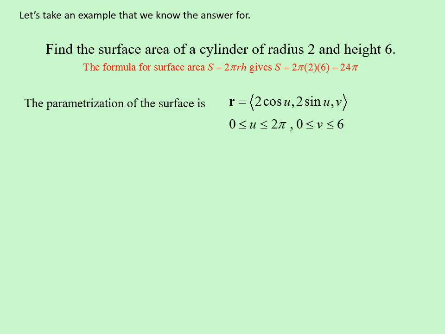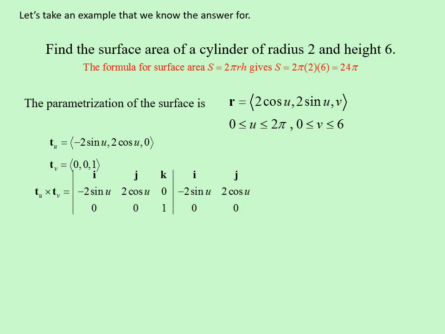Well, we parameterize the surface, look back at your sheet, like this, and we do the tangent vector in the u direction by doing the derivative with respect to u. We do the tangent vector in the v direction by doing the derivative of each component with respect to v. We do the cross product of those, and then we do the magnitude of that.